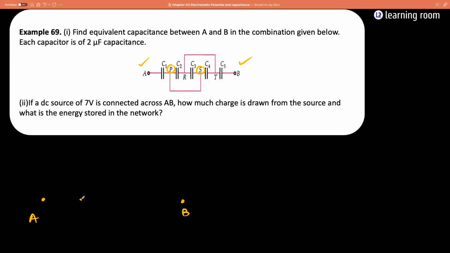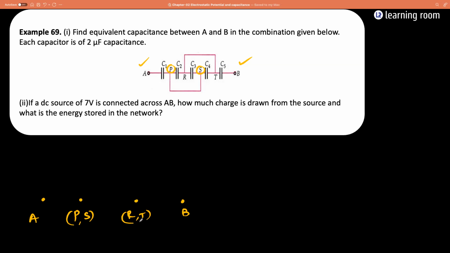So what you can do is replace the point P with S. Means P comma S, if I write it, they both have the same potential. Similarly, tell me what other 2 points have the same potential? Yes. So R and T are here.